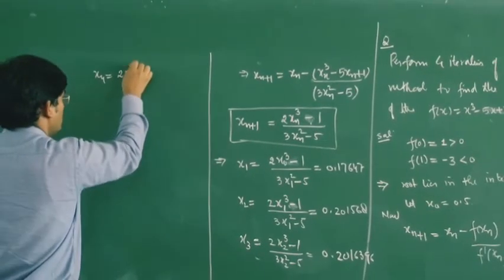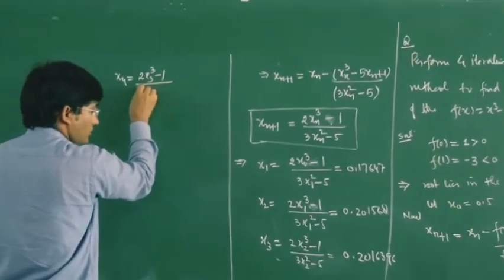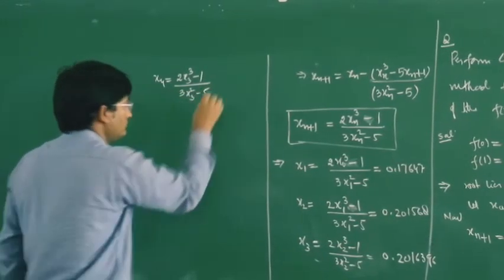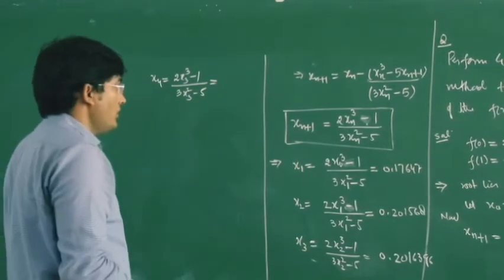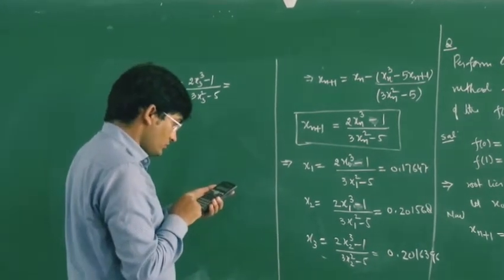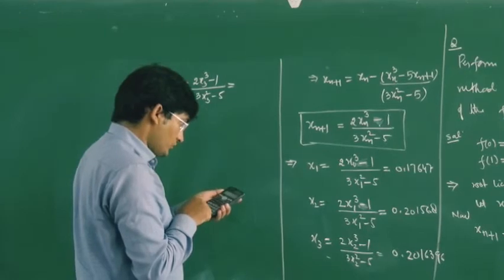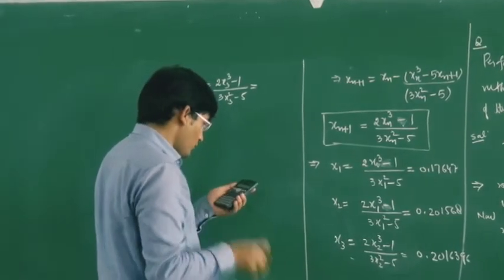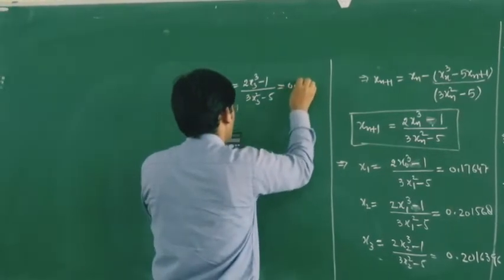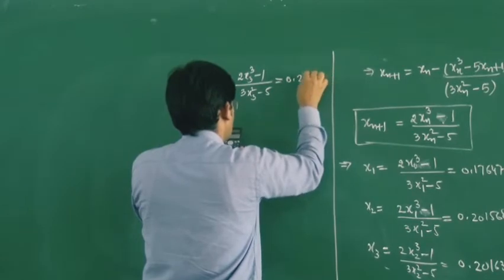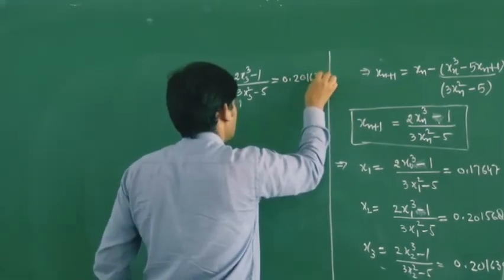Our x4 is equal to (2x3^3 + 1)/(3x3^2 - 5), and at this value x4 is 0.201639.